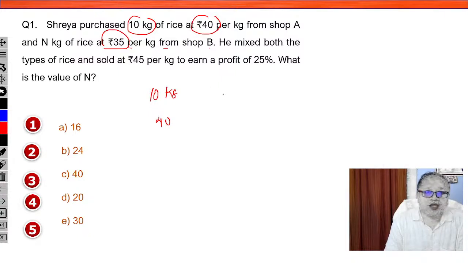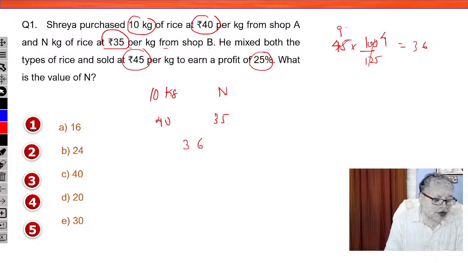Then he mixed both and sold it at rupees 45 with a profit of 25%. So I need to find the cost price: 45 into 100 by 125. That is 4 by 5 of 45, and 5 nines are 45, 9 fours are 36. So my value is 36.